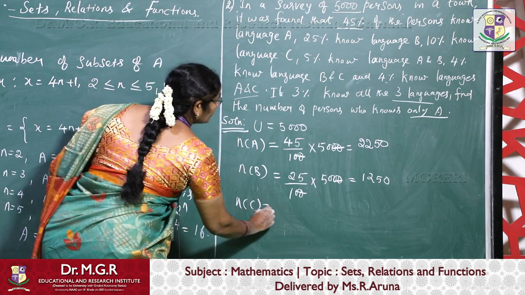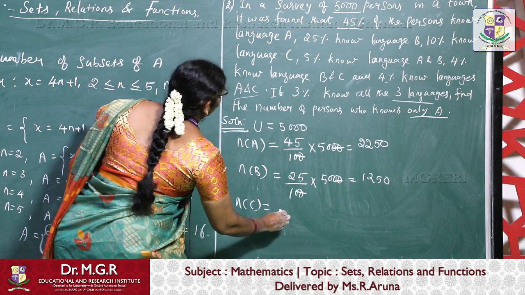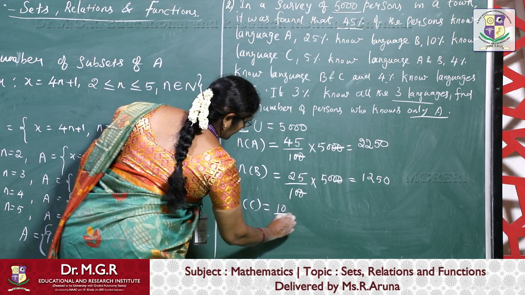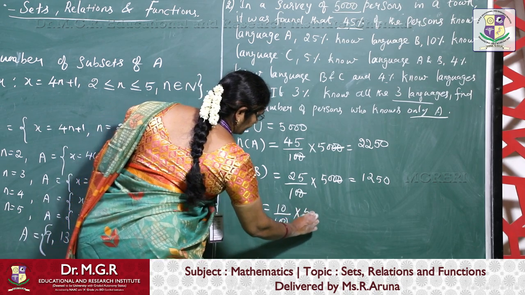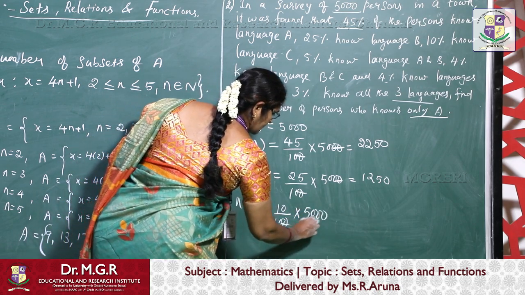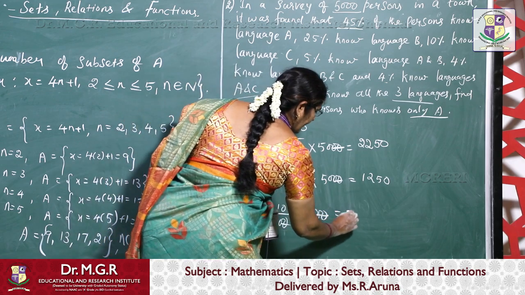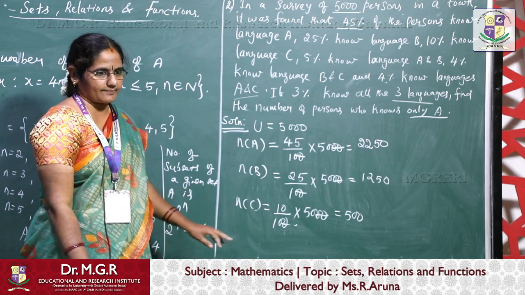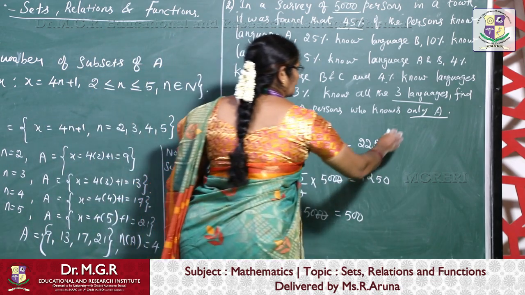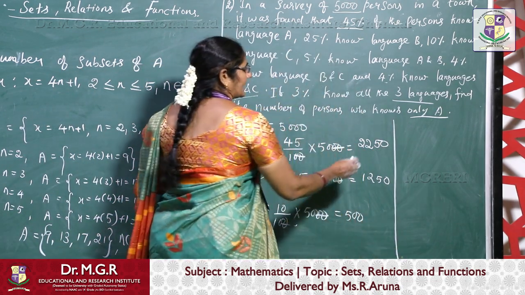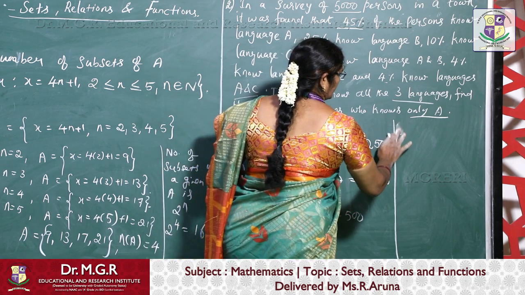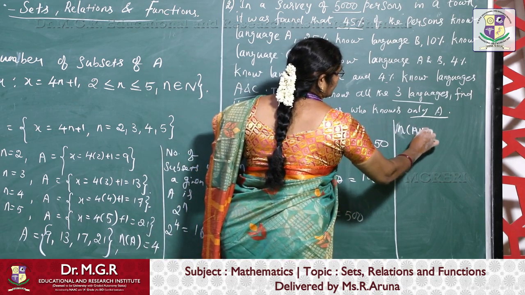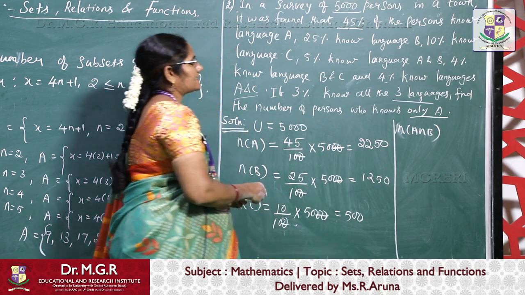Similarly, 10% of people know the language C. This is only 500 people who speak the language C. Now we can see the intersection part. n of A intersection B, where both means intersection.